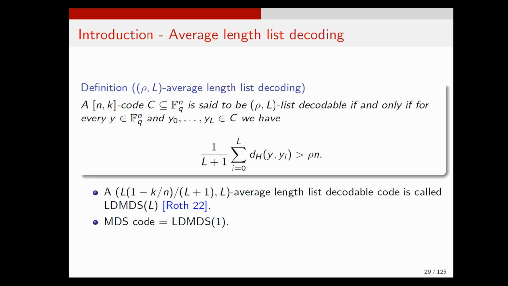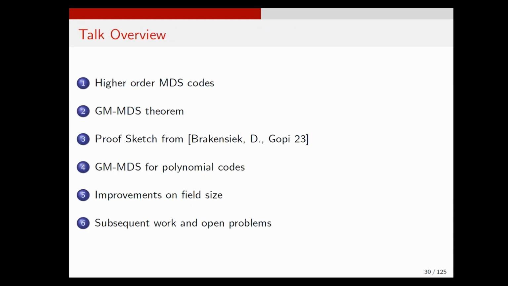So yes, that's done the introduction, the remainder of the talk. We'll probably not go over all of these things, but we'll talk about what higher order MDS codes are. While unique decoding was related to MDS codes, list decoding will relate to some new concept called higher order MDS codes. And we'll talk about the GM-MDS theorem, which will tell us a large family of codes are actually higher order MDS, and also list decodable to capacity.